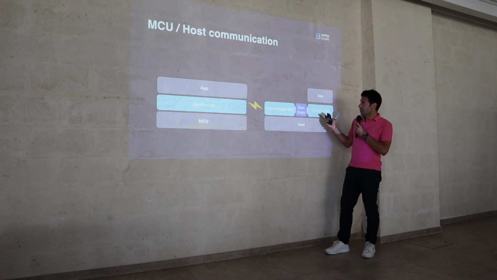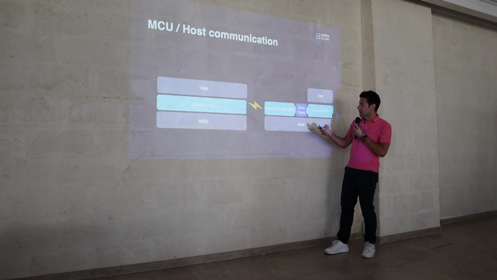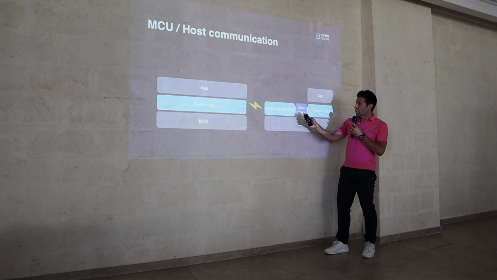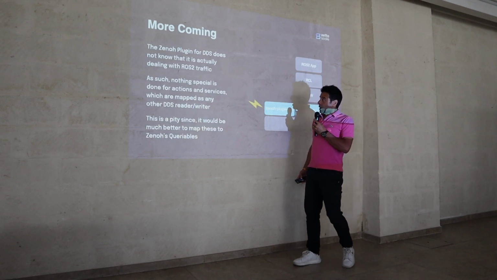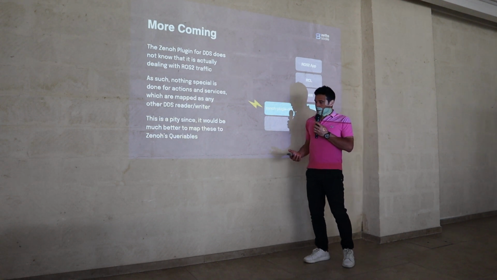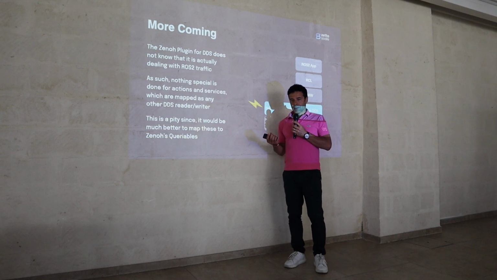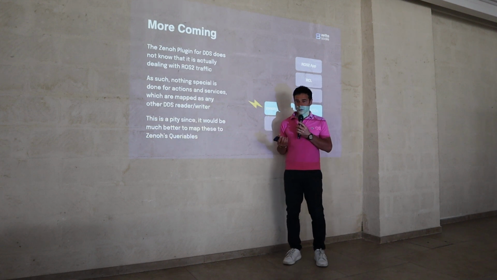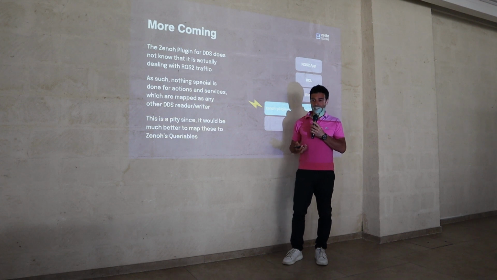We had a use case where we're using this deployment even with a microcontroller. Now this is just perfect. But there is more coming. Our ROS1 bridge already leverages, for instance, Queryable to map services and actions. We are going to do that in the ROS2 DDS plugin too, because that will further slash the discovery overhead.